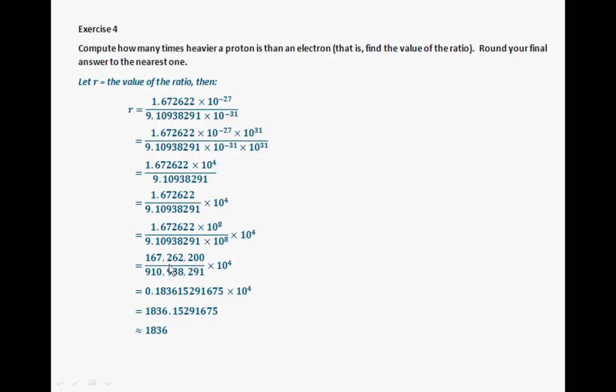You might be asking, why did they go from decimals to whole numbers here? If you're dividing 2 whole numbers, you're going to get a different decimal expression. Again, this is just one way of doing it, but they came up with a more precise answer of 1,836, and yours might be slightly different from that.